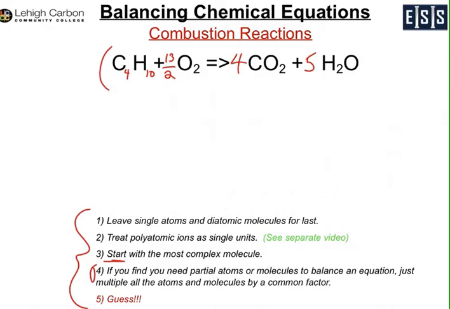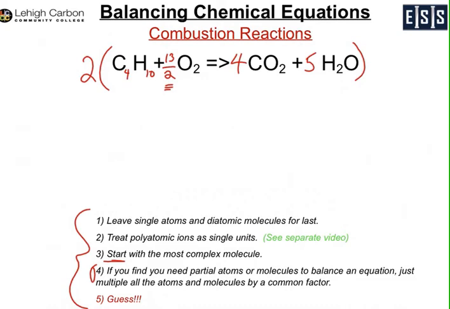So in this case, if we look at the whole equation and multiply it by 2, the 2 will cancel out the division of 2 here and will give us 13 oxygen molecules. And you'll see that that will end up helping us balance.